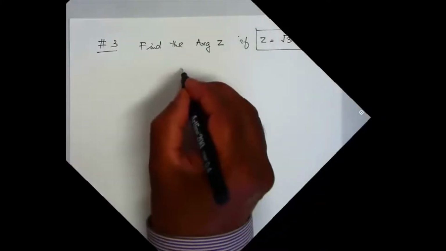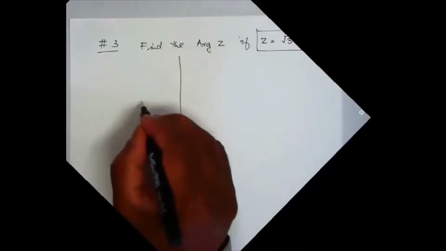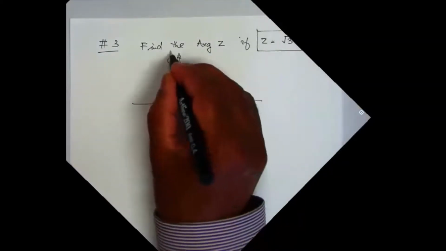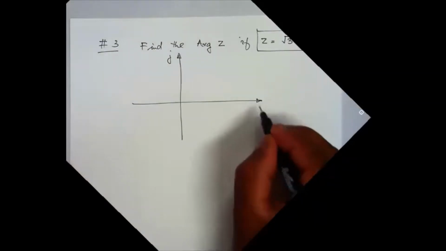So earlier I defined that if we have a complex number, that's the imaginary axis and that's the real axis.